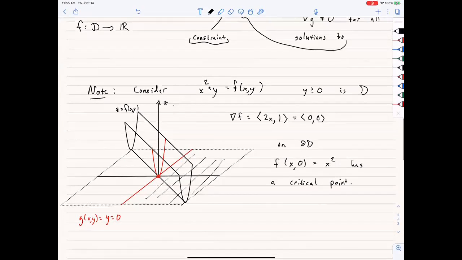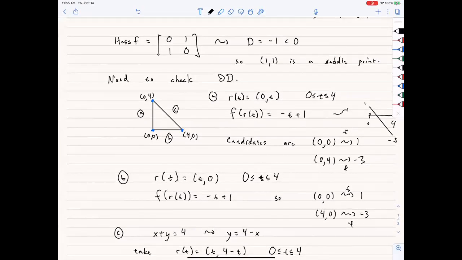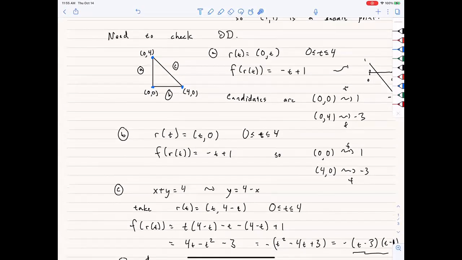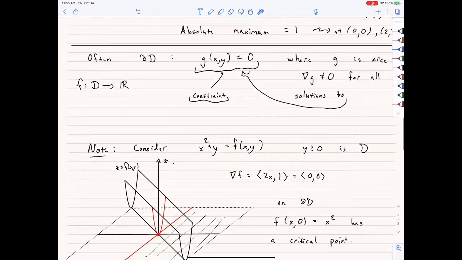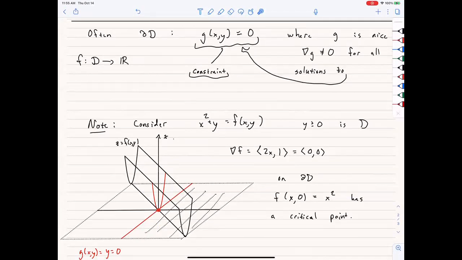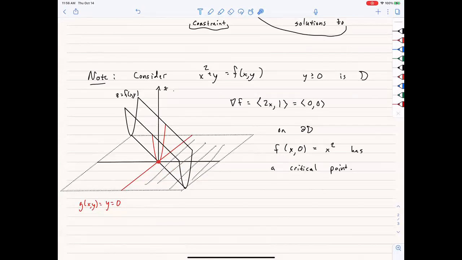So what we were certainly interested in up here when we calculated the constraint is we found this critical point on that edge, which again is also not a critical point of f, but it's a critical point when you restrict f to that edge. So that's what we're interested in finding, and that is precisely what Lagrange multipliers help us identify. They help us find those points.